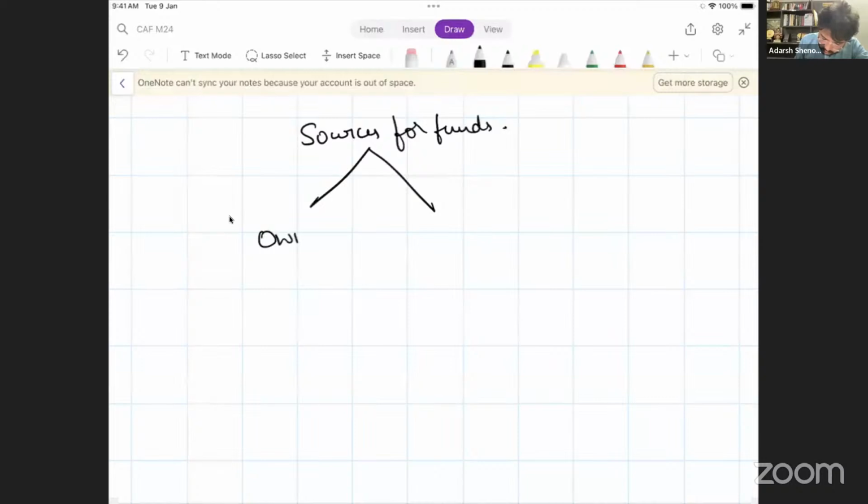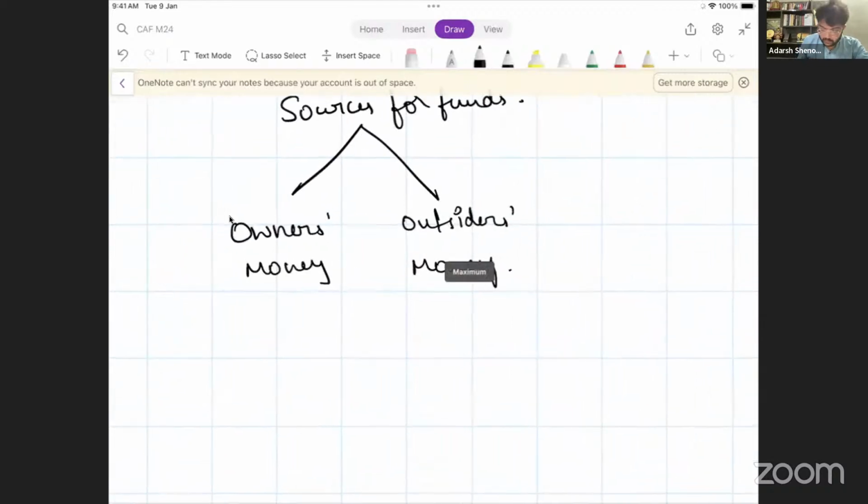One is owner's money, and the other one is outsiders' money. Debentures, bank loans and all come under this category, outsiders' money.